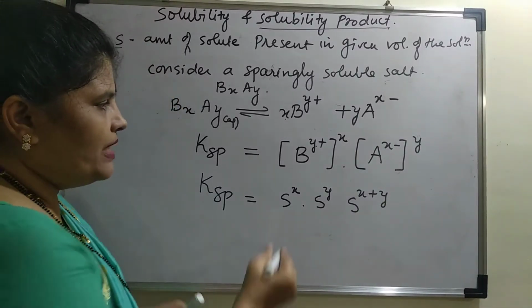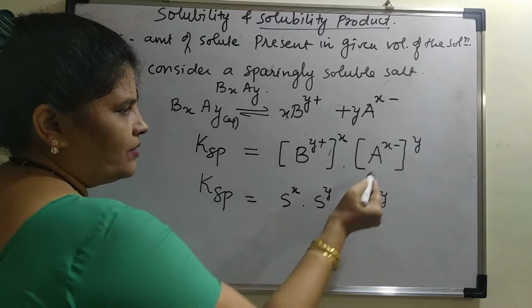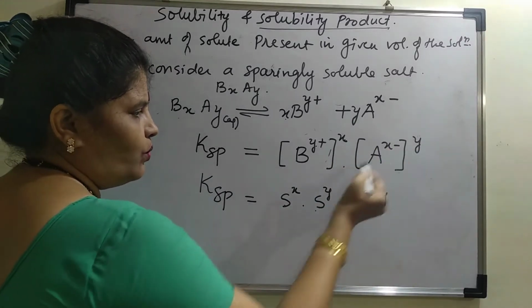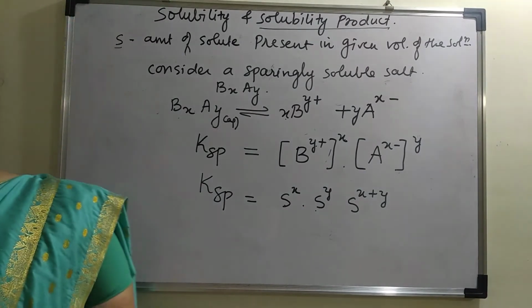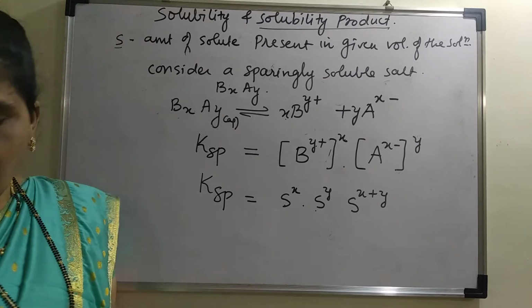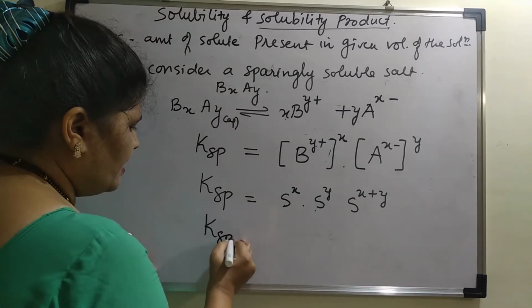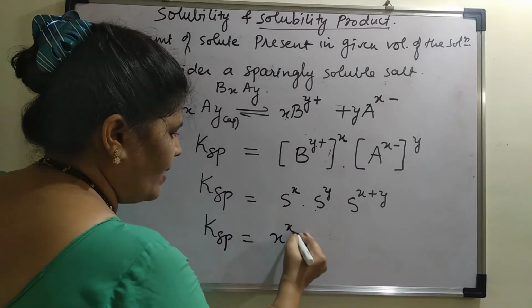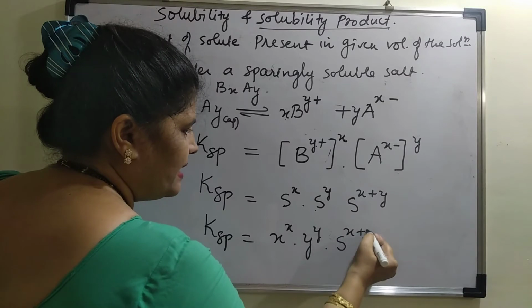So I say it is the solubility for this raised to x, solubility for this raised to y, S^(x+y). So this is the relation between these. Simply you can write this as x raised to x, y raised to y, because solubility is S. So Ksp is equal to x^x y^y S^(x+y).